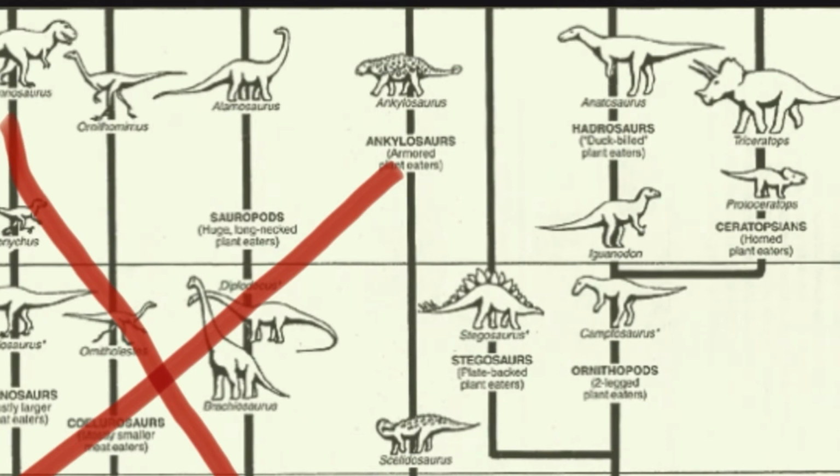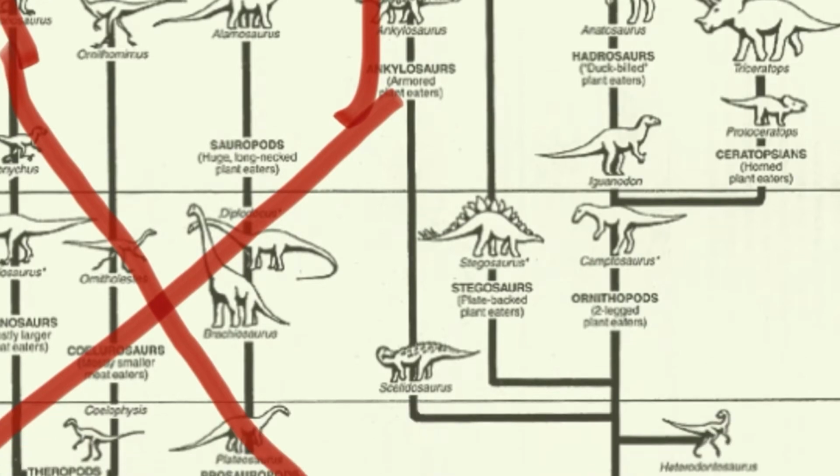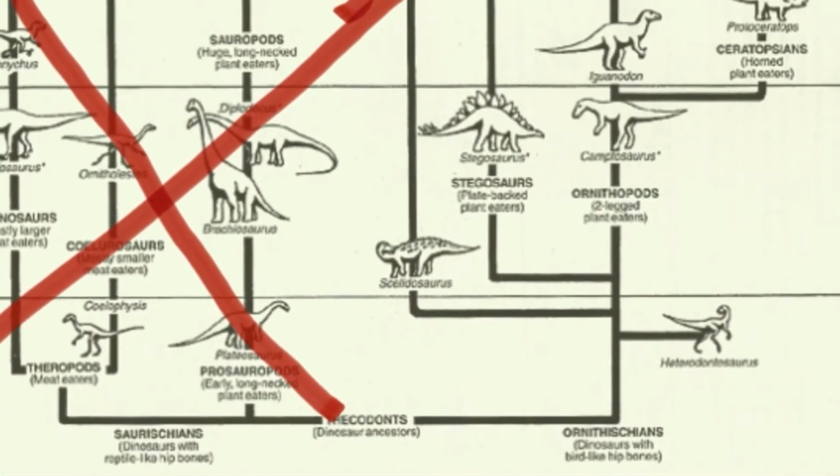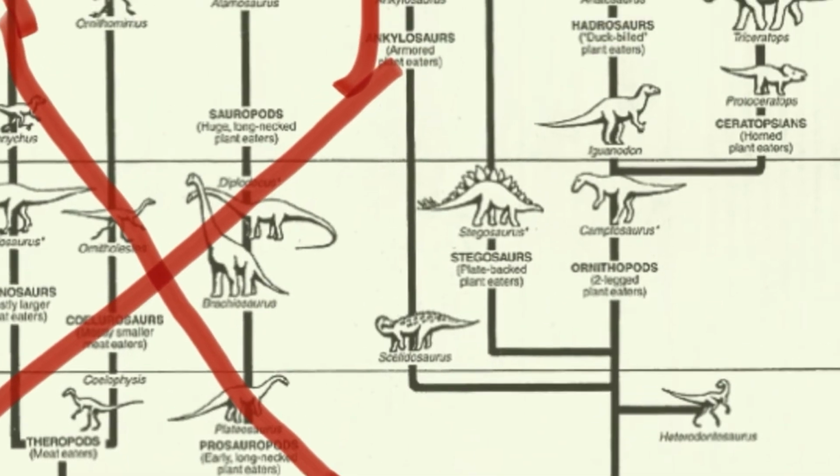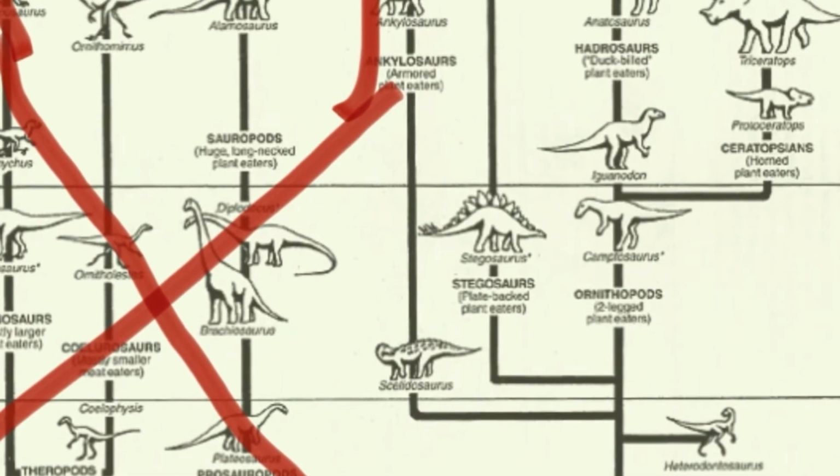So don't forget these guys. So then you go over here, and so Protoceratops ate plants. Iguanodon ate plants.